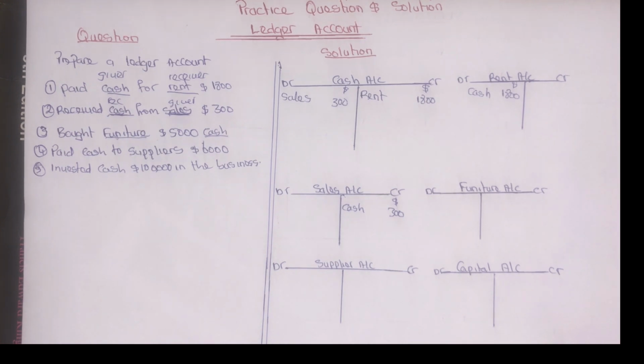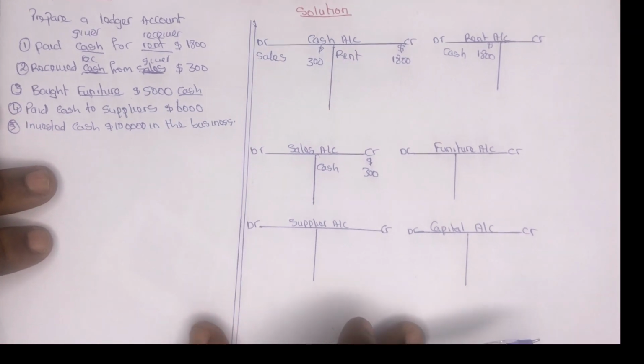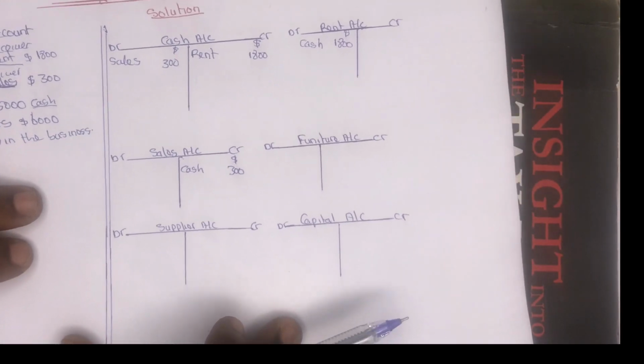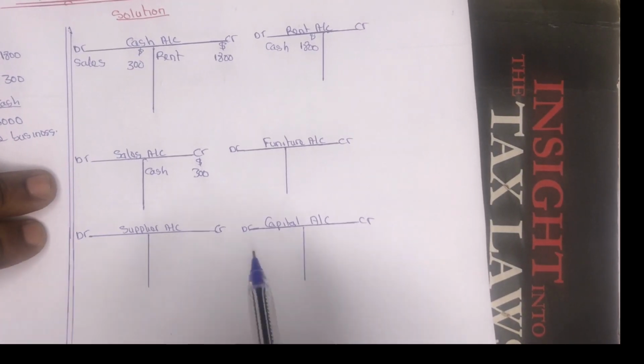So if we are buying furniture with cash, it means that the cash account is reducing because the cash is going out of the business, and the asset account, which is furniture, is increasing. So now we go to the furniture account. We bought the furniture for cash.